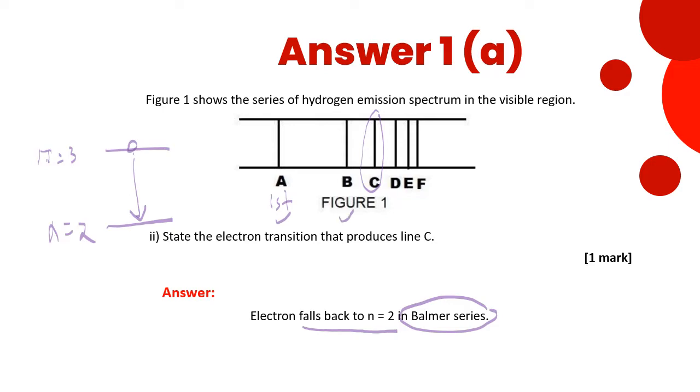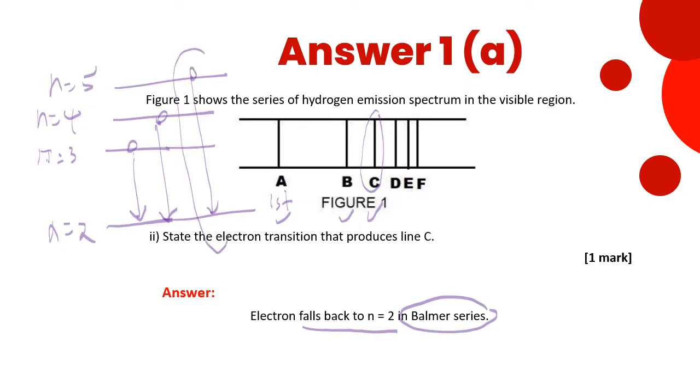The second line, we have electron drop from n equal to 4 to n equal to 2. And because the question asks for line C, it is the next line where electron drops from n equal to 5 to n equal to 2. So the answer is this.